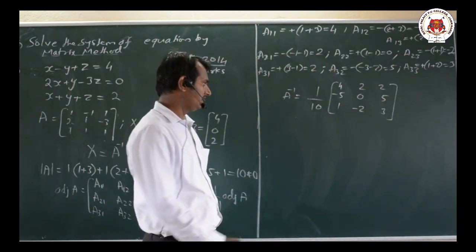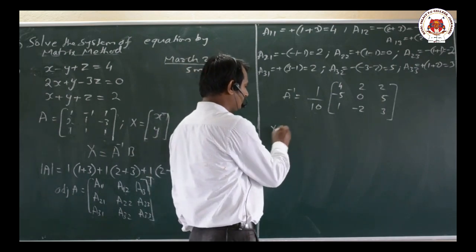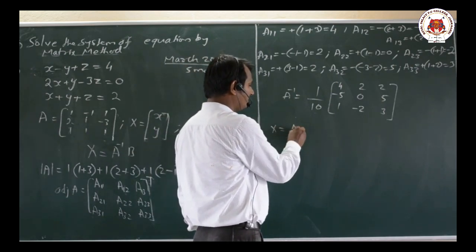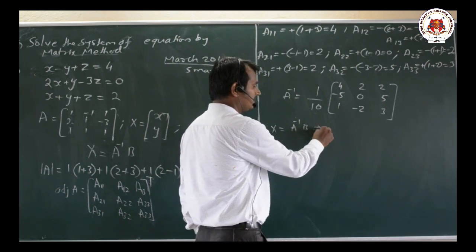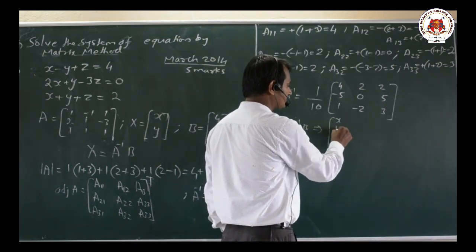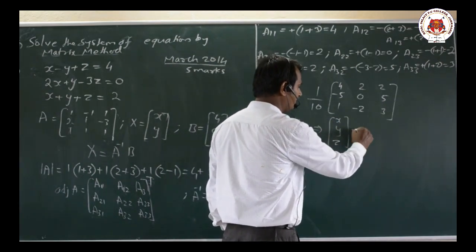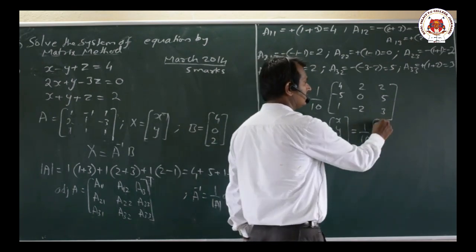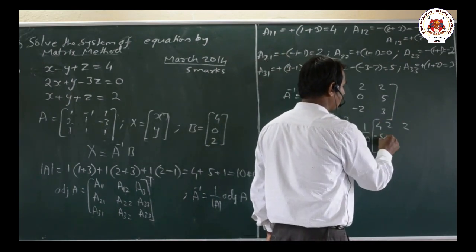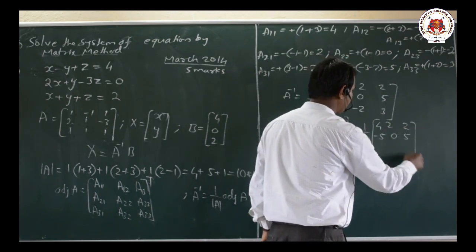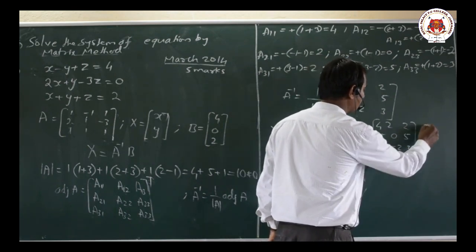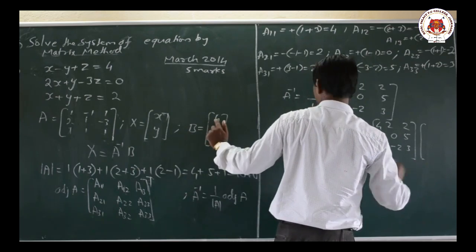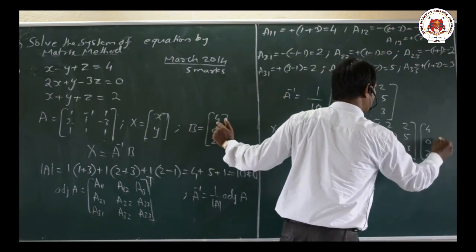Now, the last step, that is finding the X value. X equal to A inverse into B. That is nothing but x, y, z equal to 1 by 10 into A inverse, that is 4, 2, 2, minus 5, 0, 5, and then 1, minus 2, 3 into B. The matrix B is 4, 0, 2.